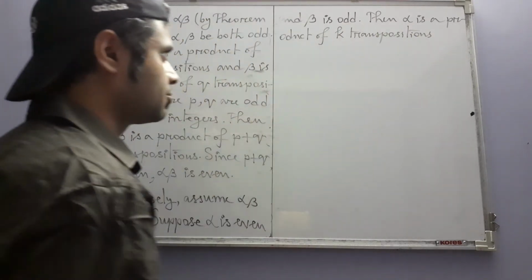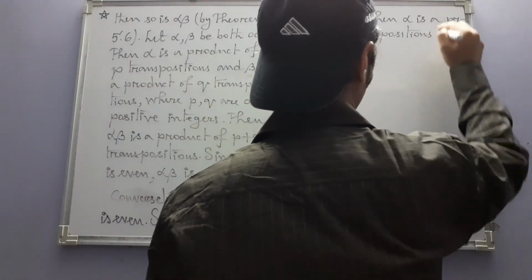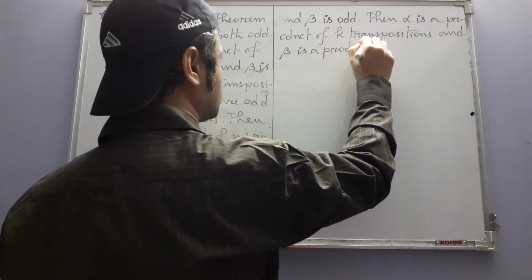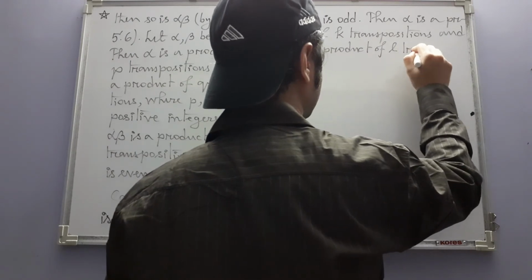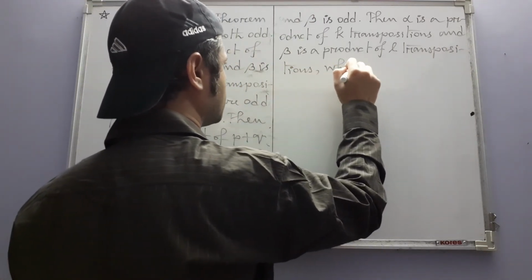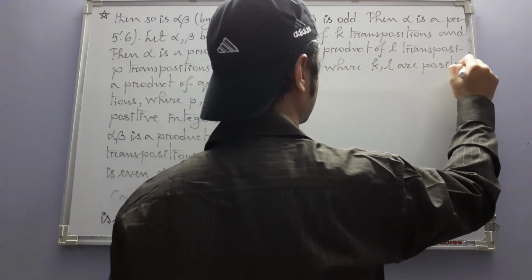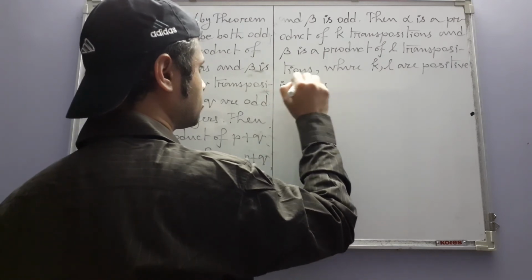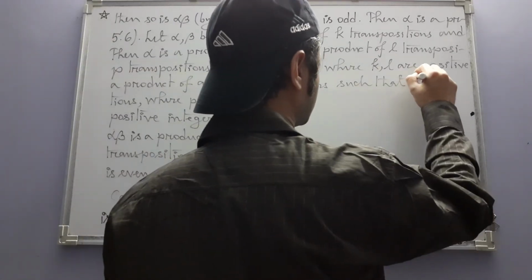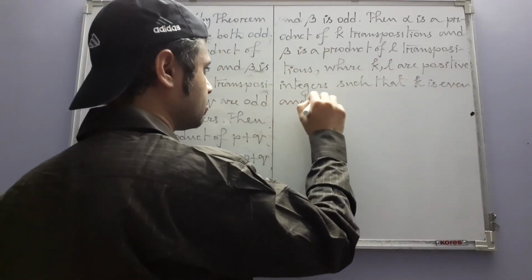If you find it cumbersome to keep writing transpositions because it's a big word, you can simply write k 2 cycles, a product of k transpositions, and beta is a product of say L transpositions, where K and L are positive integers such that we are considering alpha to be even, so K is even and L is odd.